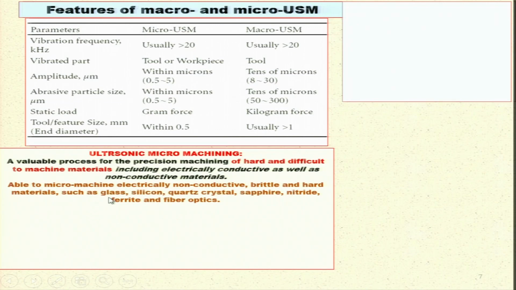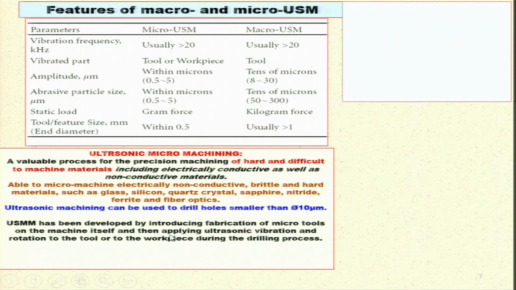It is able to micromachine electrically non-conductive, brittle and hard materials such as glass, silicon, quartz crystal, sapphire, nitride, ferrite and fiber optics. Ultrasonic machining can be used to drill holes smaller than 10 micron size.